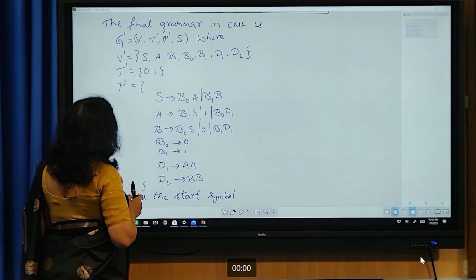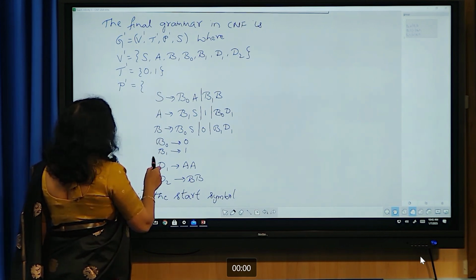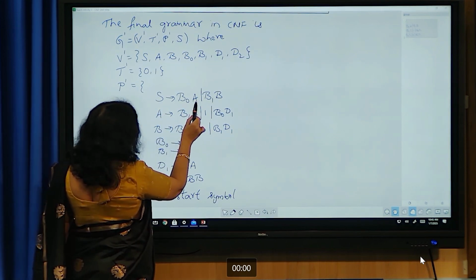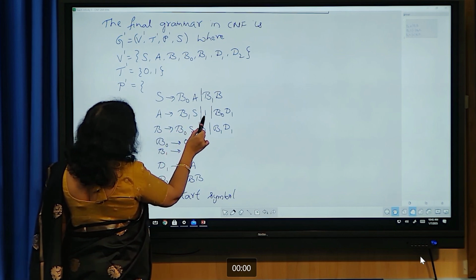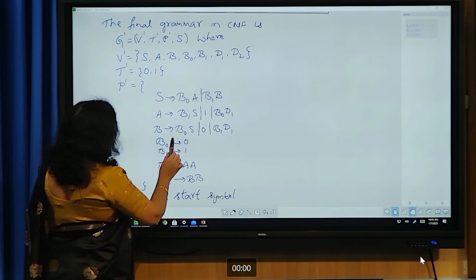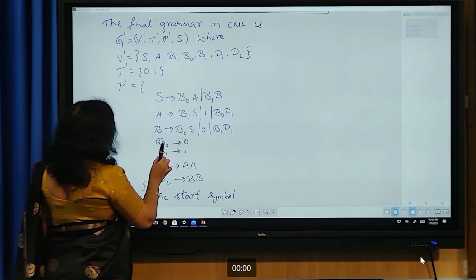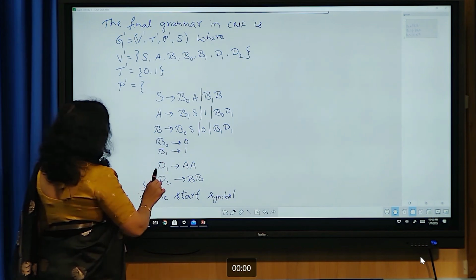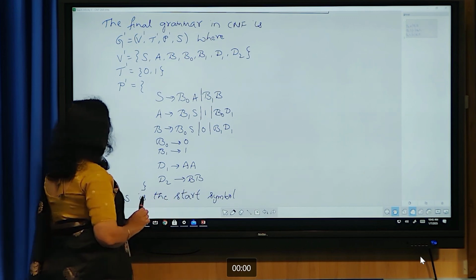Terminals, there is no change. So it is 0, 1. And coming to the productions P dash, that is S produces B0 A, B1 B, A produces B1 S or 1 or B0 D1, B produces B0 S or 0 or B1 D2, B0 produces 0, B1 produces 1, D1 produces AA, D2 produces BB.